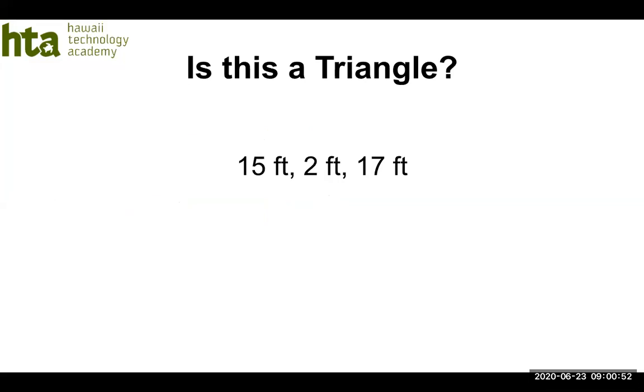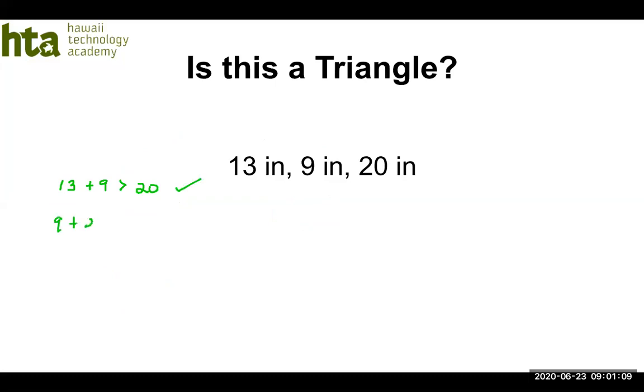All right, let's try another one. Let's add them together here. So 13 plus 9 is greater than 20, so that works. 9 plus 20 is greater than 13, that works as well.